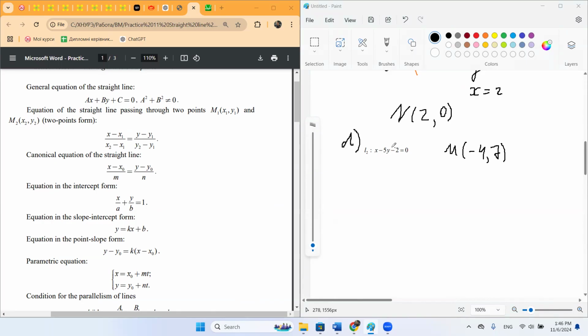What can we find from this general equation of L2? We can find the slope, but without modifying this equation, what else can we find?